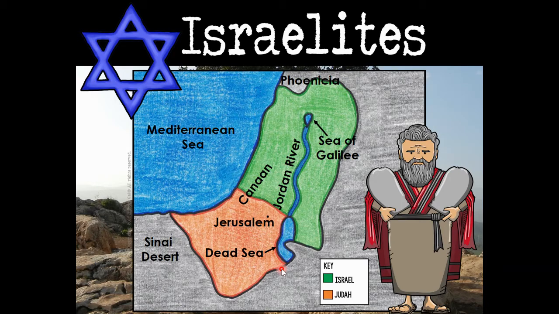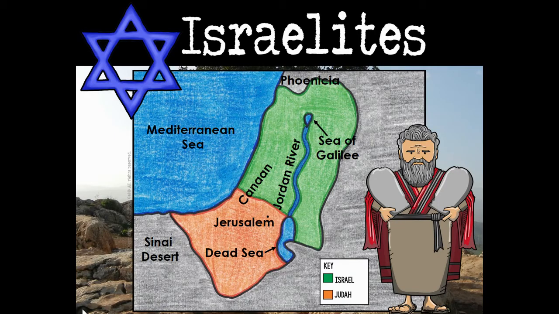One of his sons was named Judah, and another was Israel. So these are 12 tribes, one from each of the 12 sons of Jacob, and these two are the most prevalent. So you have Israel and Judah. There's a little backstory, and that is the end.